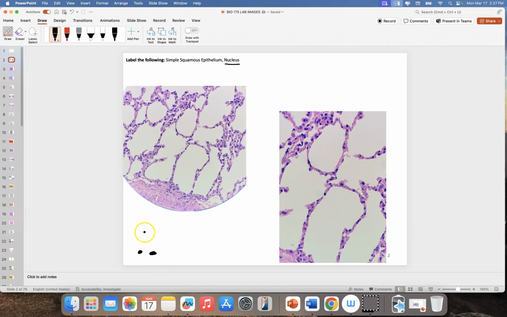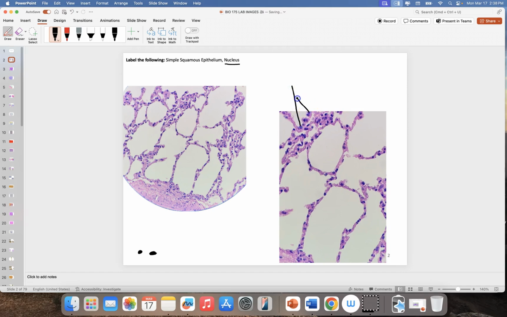What we're looking at here is a slide of the alveoli of the lungs, and this is a lower magnification view, and then I did go ahead and provide us with a higher magnification view as well, just because I think it's easier to see the cells at higher magnification.